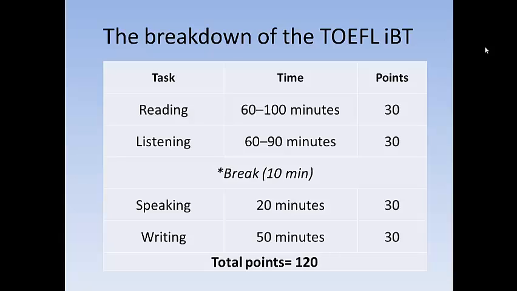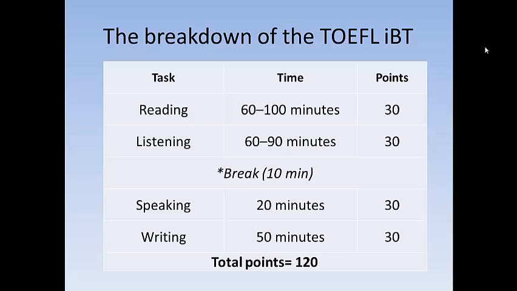Okay, in this first section you see there's going to be a reading section. It's going to be from 60 to 100 minutes and will be worth 30 points. Next we'll have a listening section. That's between 60 to 90 minutes and again also worth 30 points. After that you come to your 10-minute break. And next, you go to the second half of the test, which is where you have a speaking section.